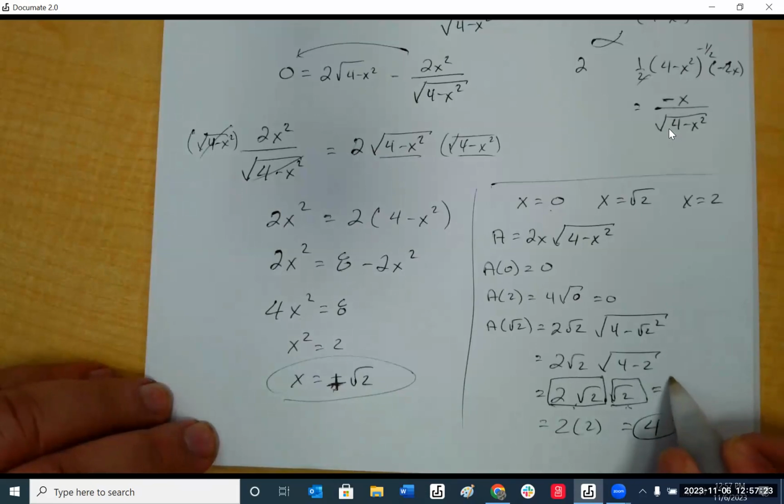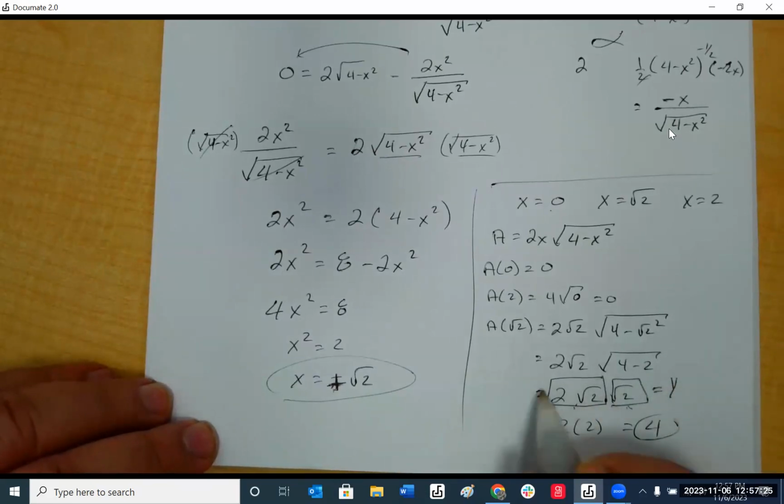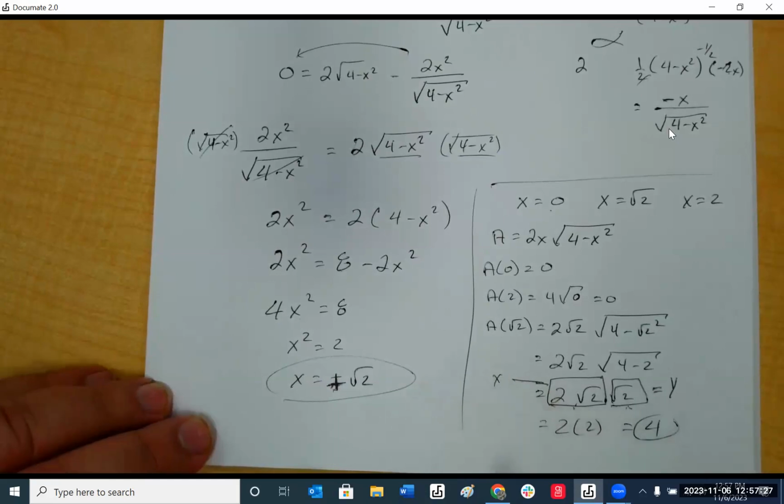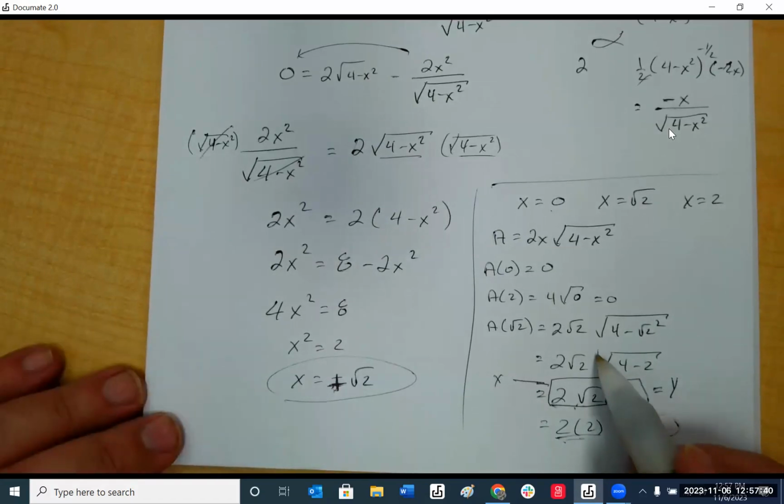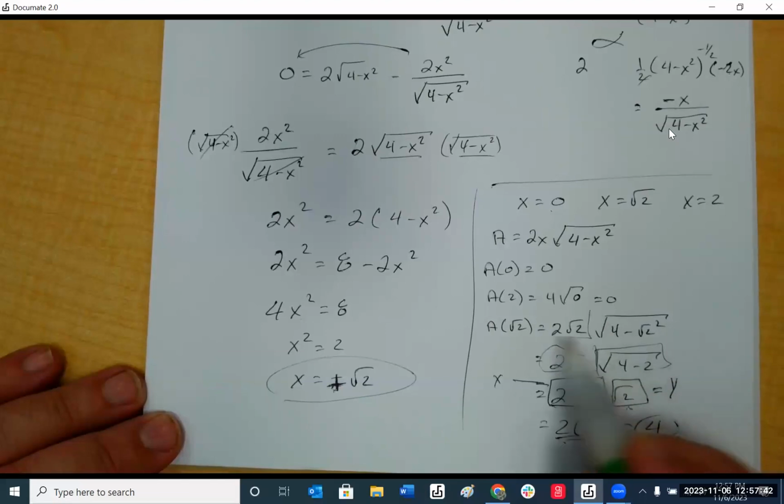So this is the y value, and this is the x value. Because at this point here, we combined them already. So here's where they're separated from the beginning.